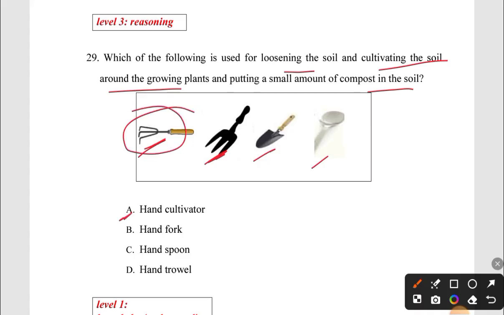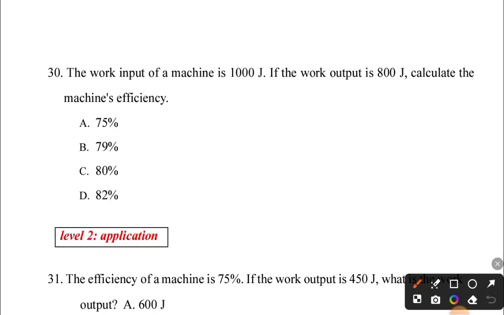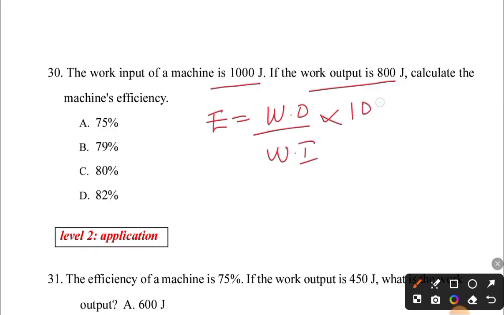So this is it. So question 30, the work input of a machine is 1000 joule. The work output is 800 joule. Calculate the efficiency of the machine. So the efficiency of a machine equals the work output over the work input multiplied by 100.